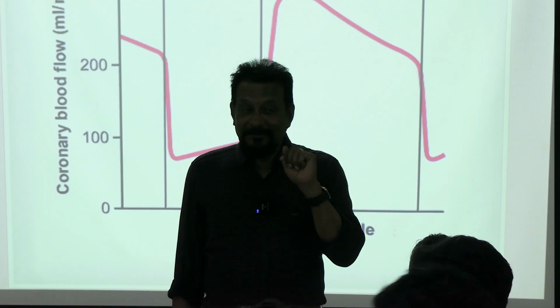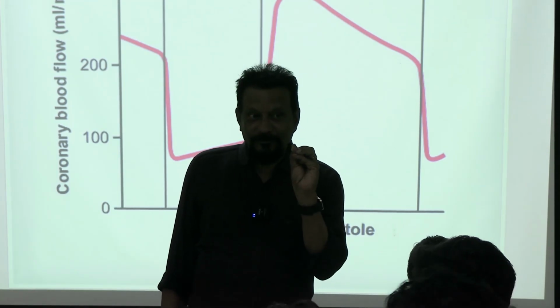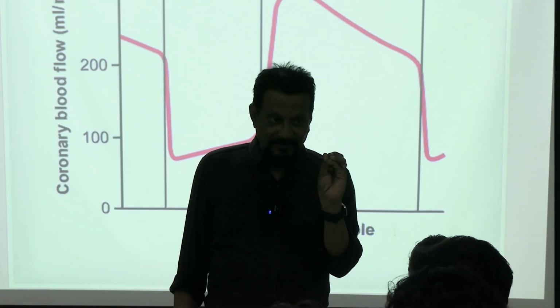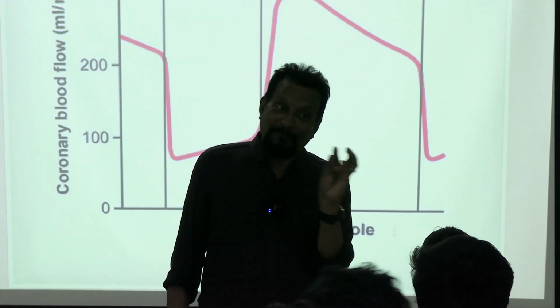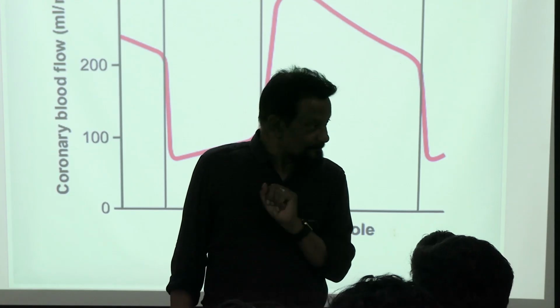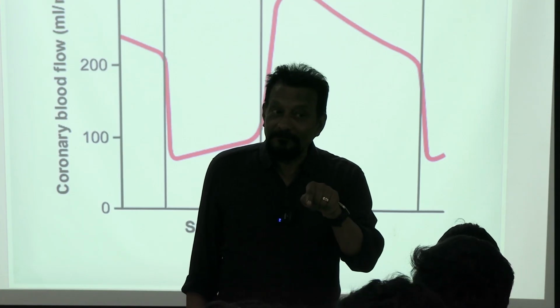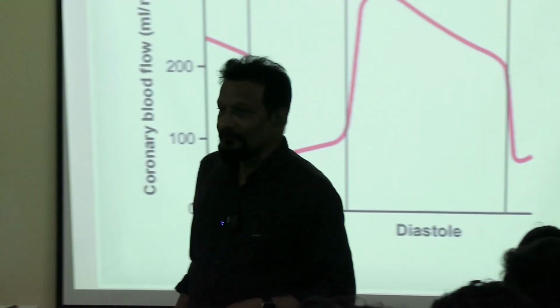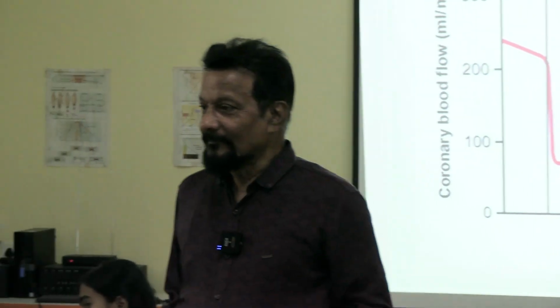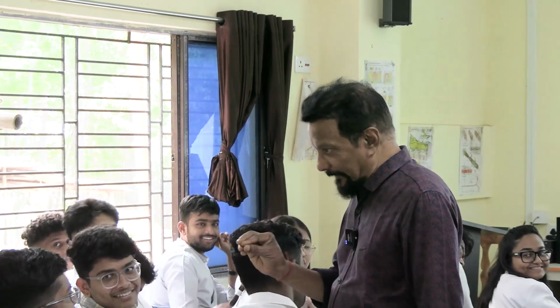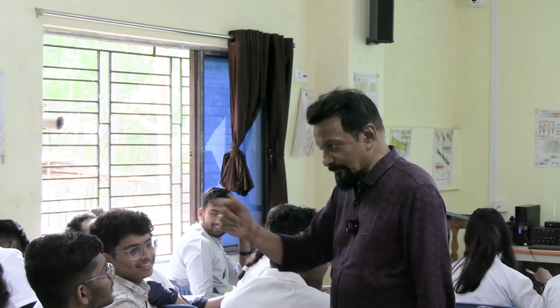So during every systole, each ventricle, the two ventricles, is pumping some amount of blood into circulation. During every beat of the ventricle, some blood is coming out, entering into the circulation, into the aorta.